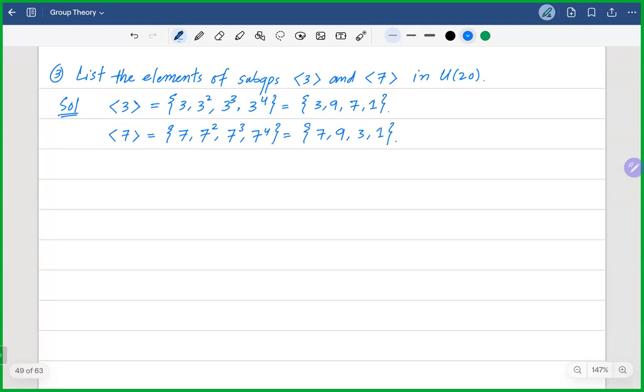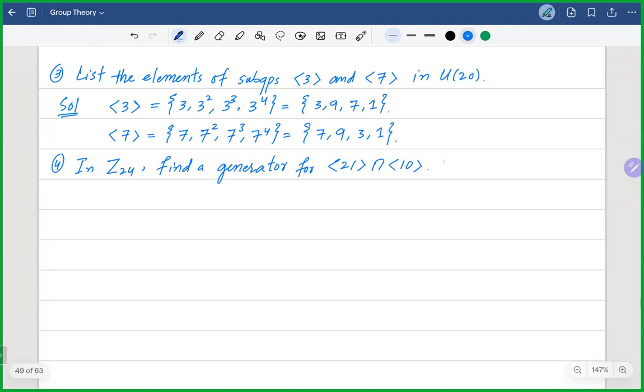Now, then number 4 is in Z24. First, we need to find a generator for the intersection of say the set generated by 21 and the set generated by 10.